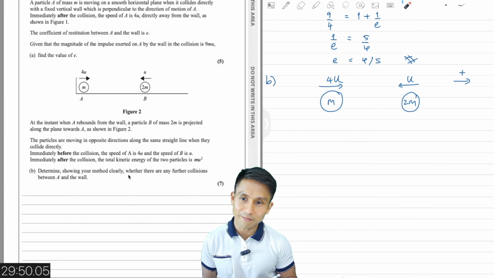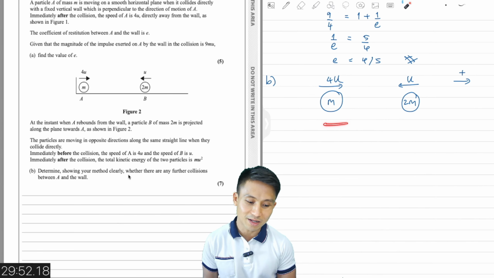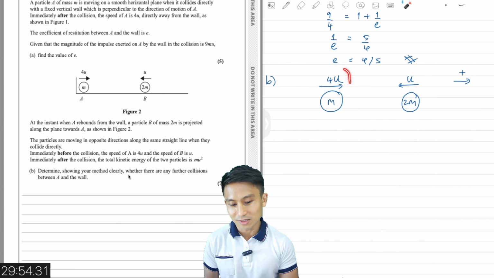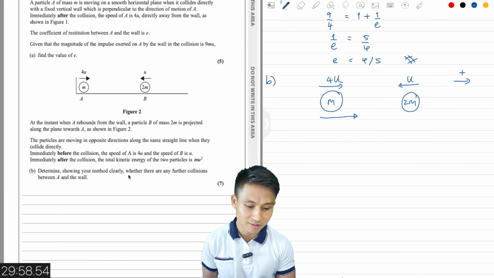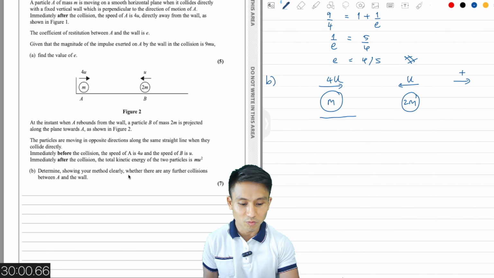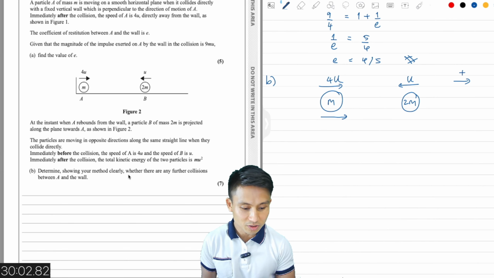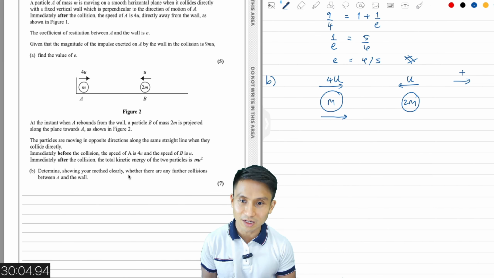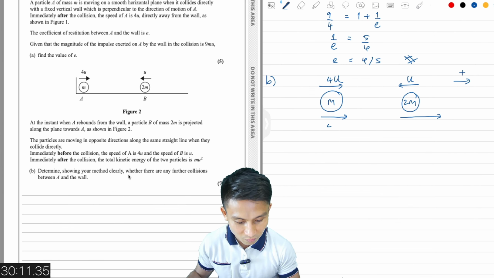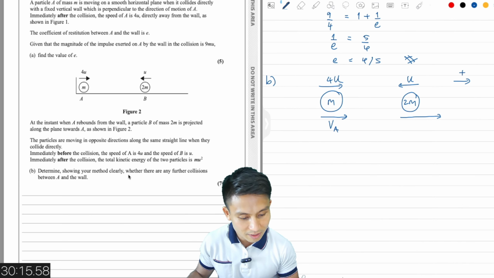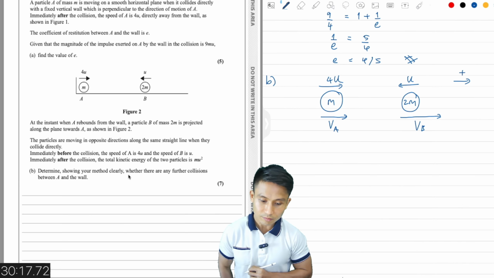So let's say that they all move to the right, because this momentum is greater, so this will be the dominant momentum. So definitely B will move to the right after the collision, because the momentum of A is greater before the collision. So this is 4mu here. Let's make this VA, and this is VB.